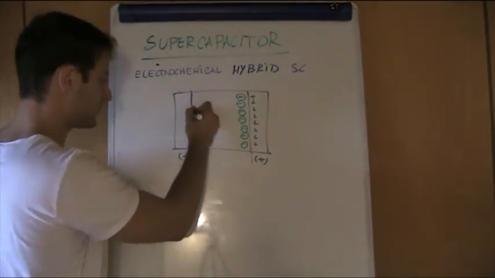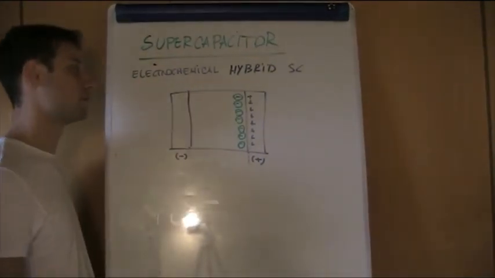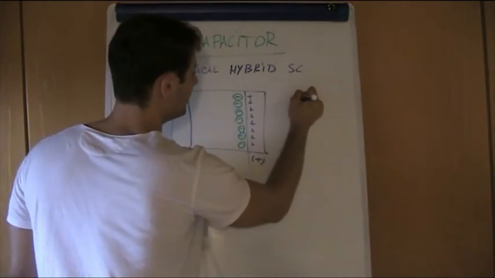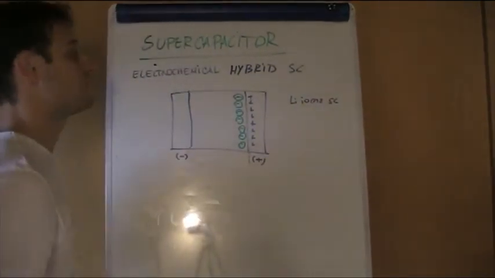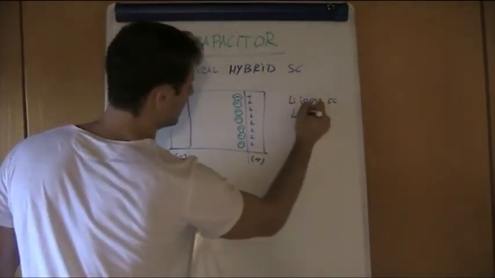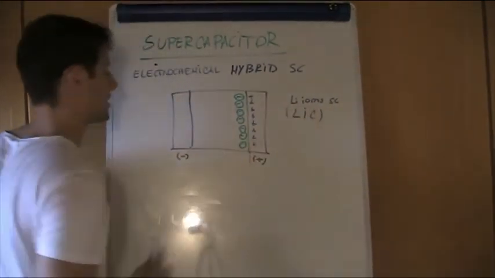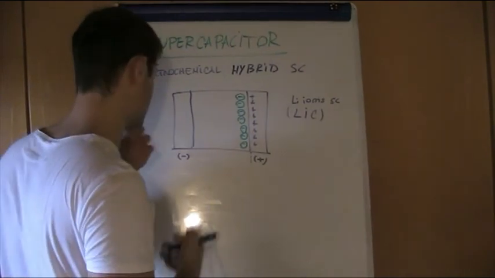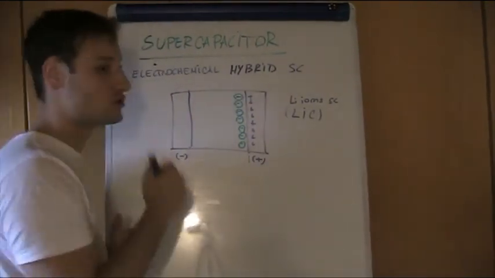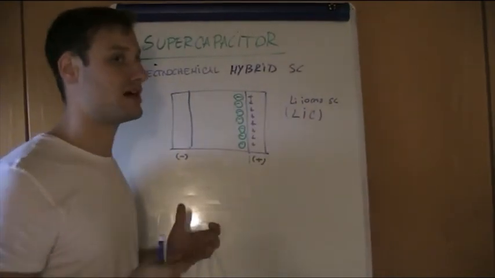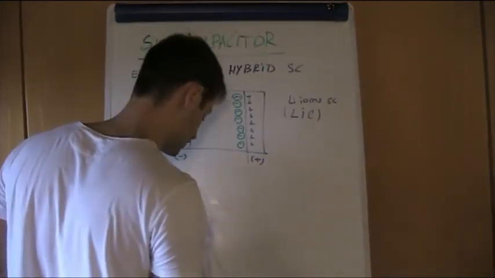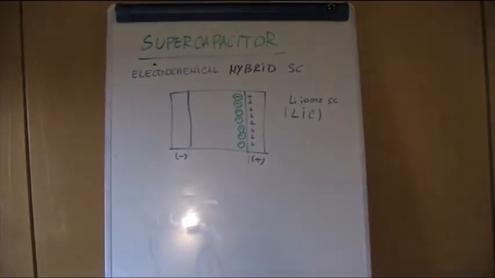For instance, one of the classic examples is the lithium-ion supercapacitor or lithium-ion capacitor. That is a particular type of supercapacitor in which we are able to obtain a great output voltage and at the same time quite important specific energy, and so a huge specific power and important specific energy.